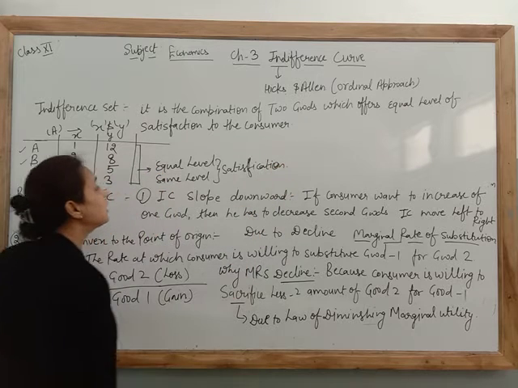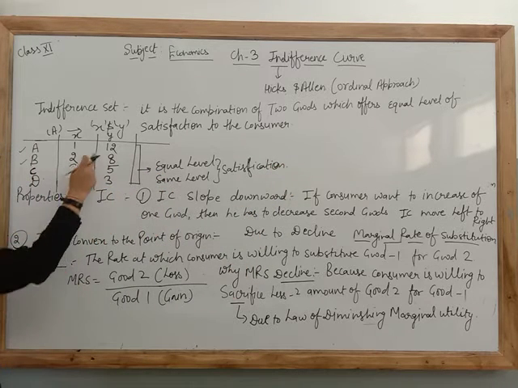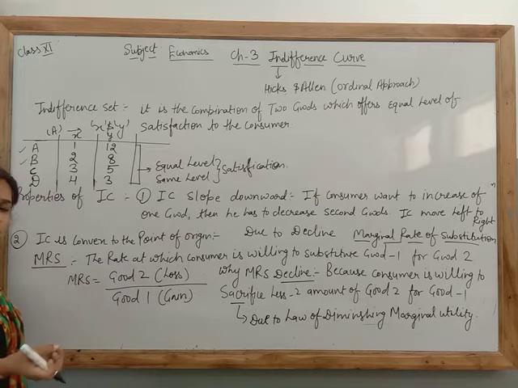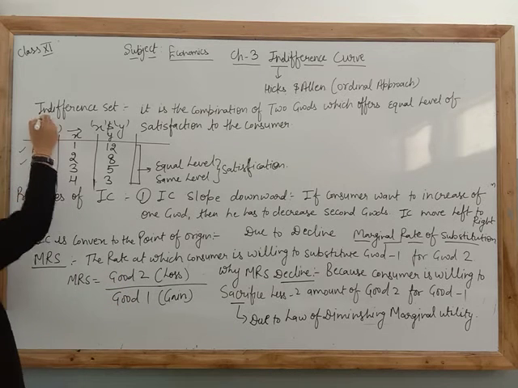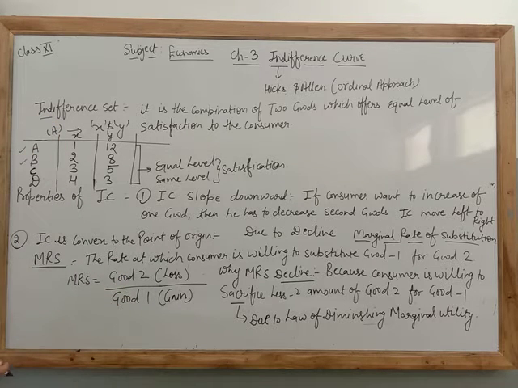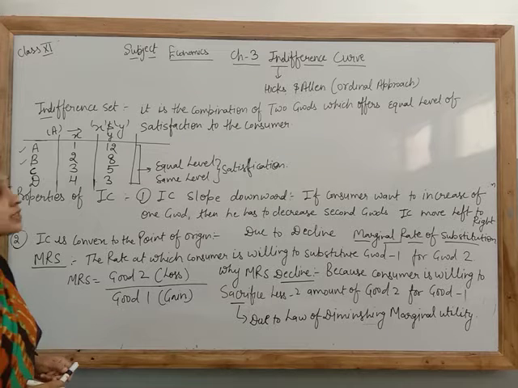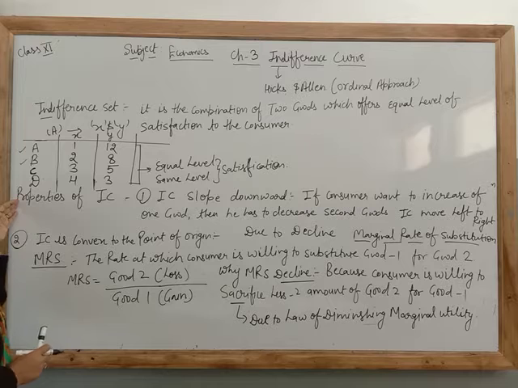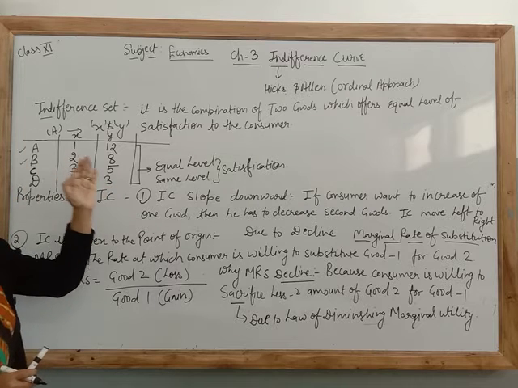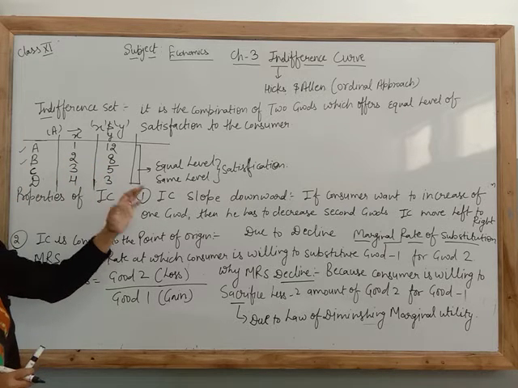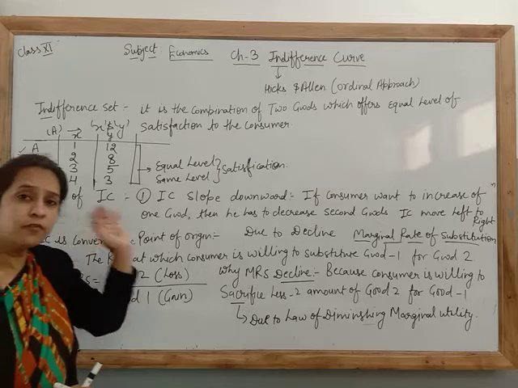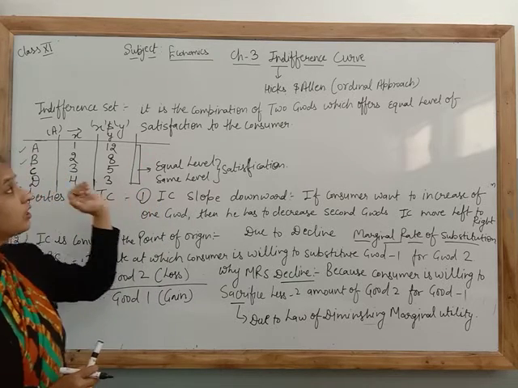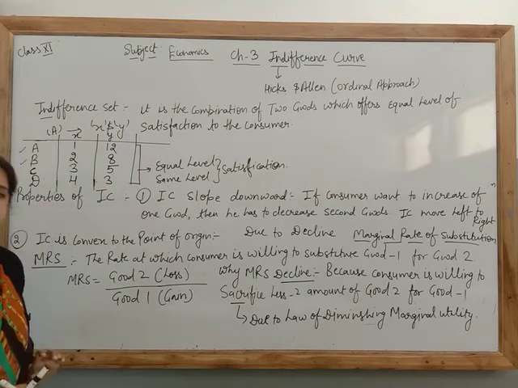It is known as an indifference set because there is no difference in the satisfaction level. That's why we say indifference, and this is known as an indifference curve. Each and every combination offers him the same level of satisfaction.